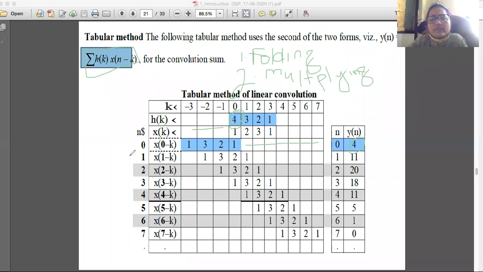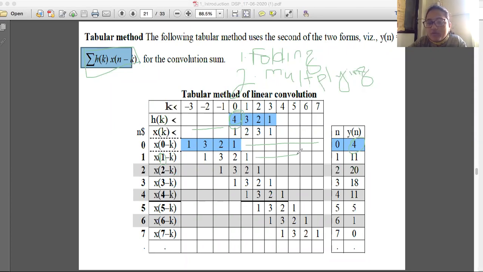Then next, when we are considering n is equal to 1, it is representing x of 1 minus k. Since 1 is positive, it should be shifted towards the right hand side.